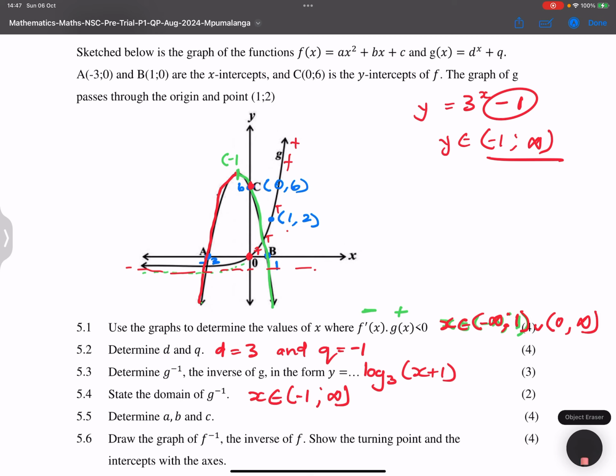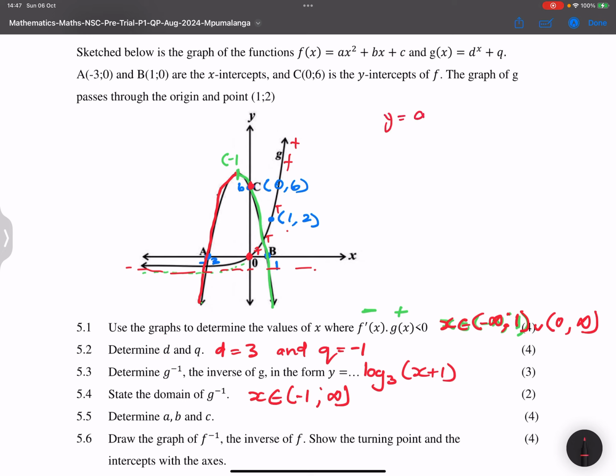Now we've got our x-intercepts already, ladies and gents. So what I'm going to do is say y is equal to A into x plus 3. Note that I had an x-intercept at -3, but when I put in the brackets, then I have to change the sign.